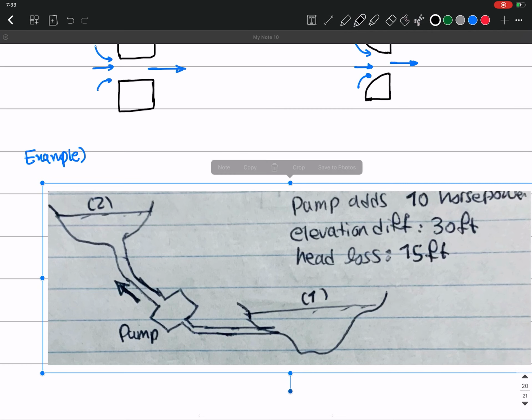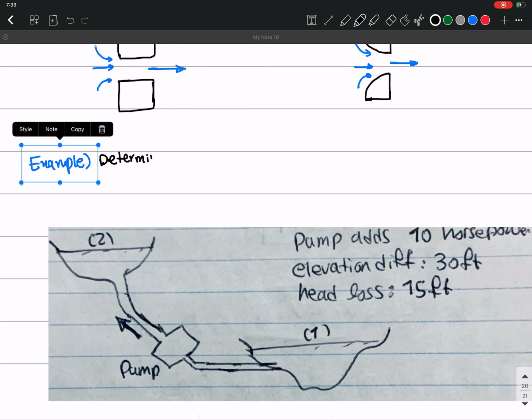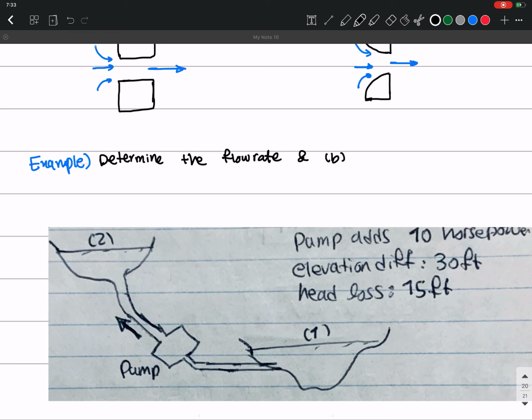So the example that we have is as follows. Determine A, the flow rate, and B, the power loss associated with the following flow.